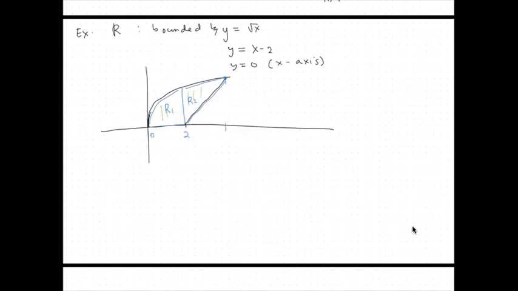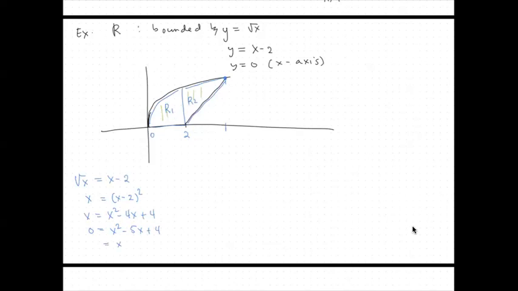So square root of x is equal to x minus 2. And then x minus 2 squared is equal to x. So you get x is equal to x squared minus 4x plus 4. So here we get 0 is equal to x squared minus 5x plus 4.